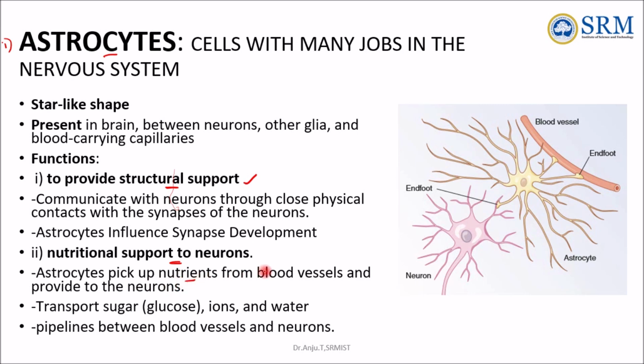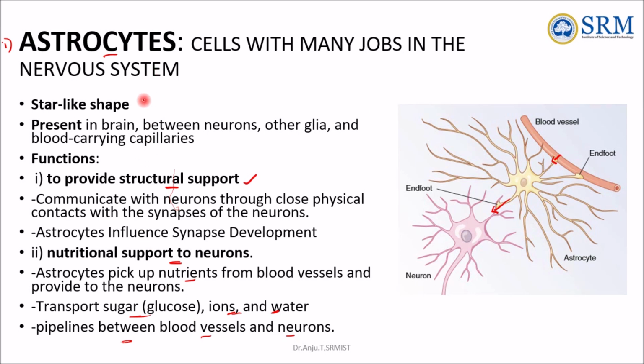They pick up nutrients from the blood vessels and provide them to the neurons, like sugar, ions and water. So they act like a pipeline between the blood vessels and the neurons.